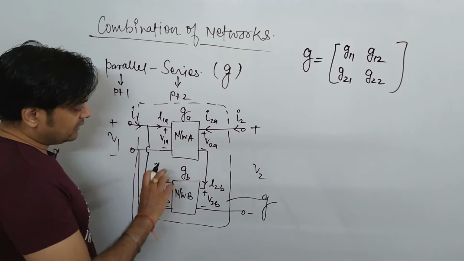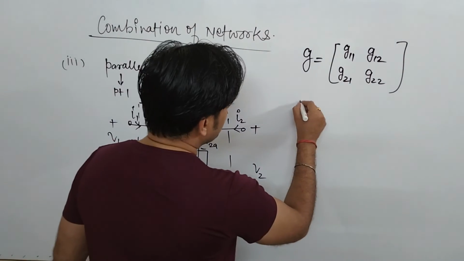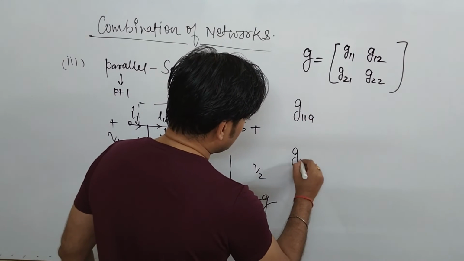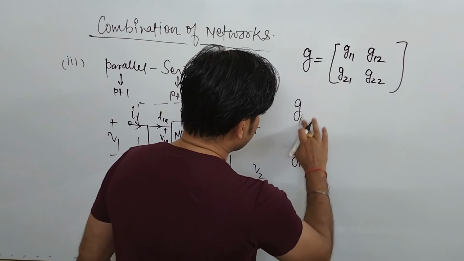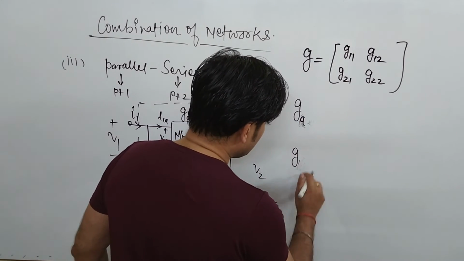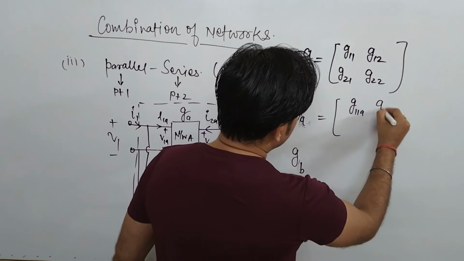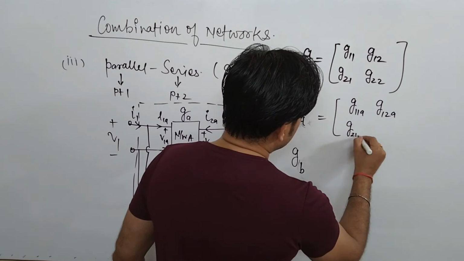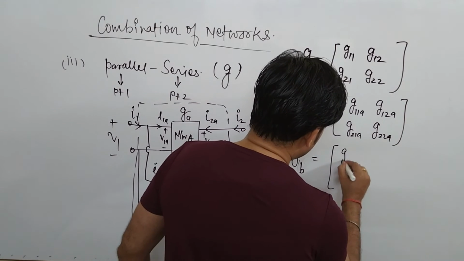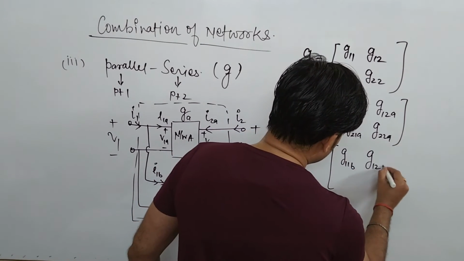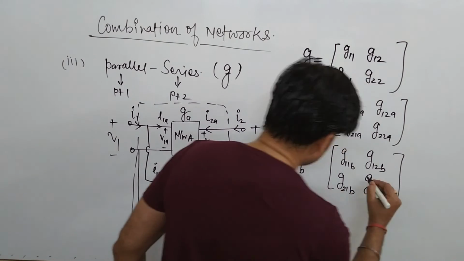But as we identified that there are two different networks connected in the form of parallel series, we can say GA and GB. So GA is basically G11A, G12A, G21A, G22A, and similarly G11B, G12B, G21B, G22B.